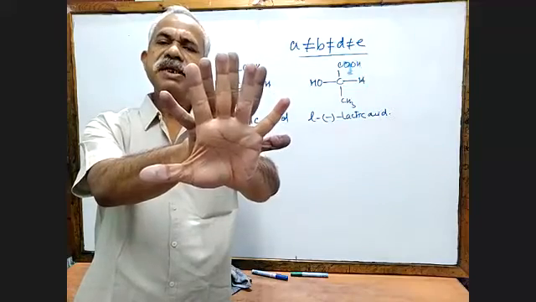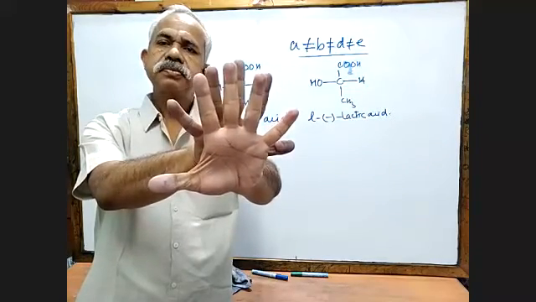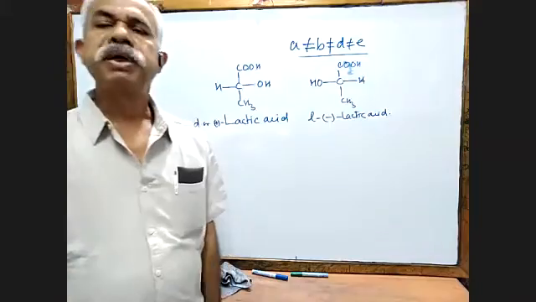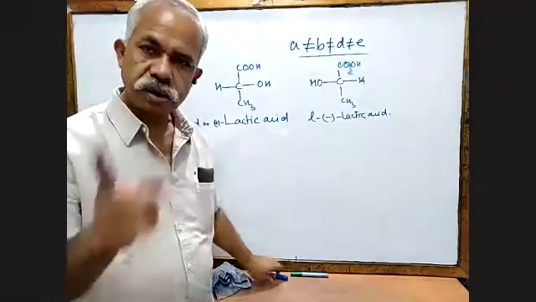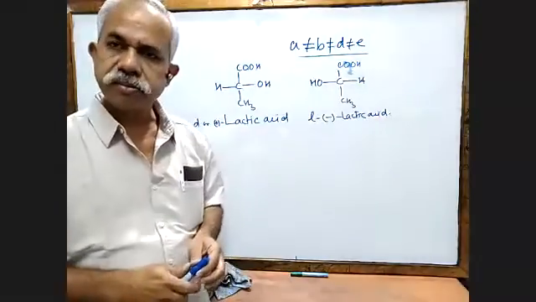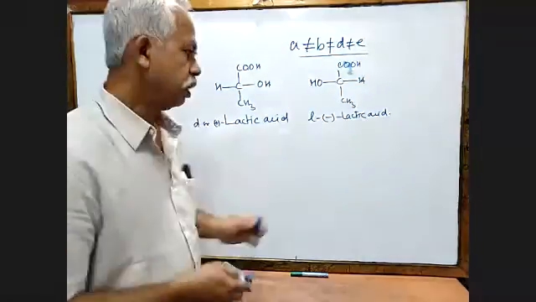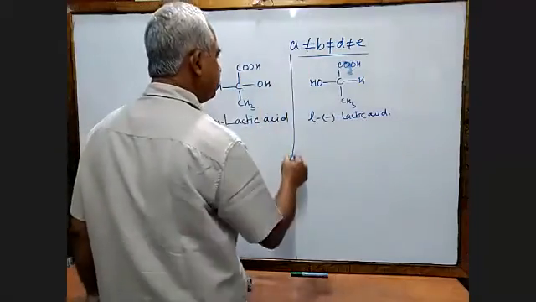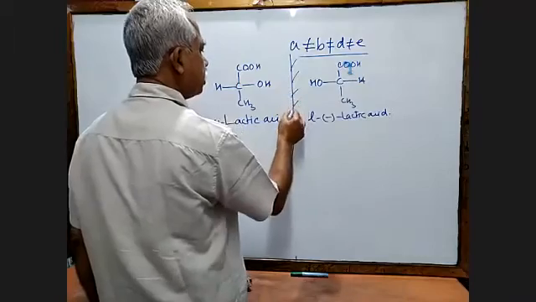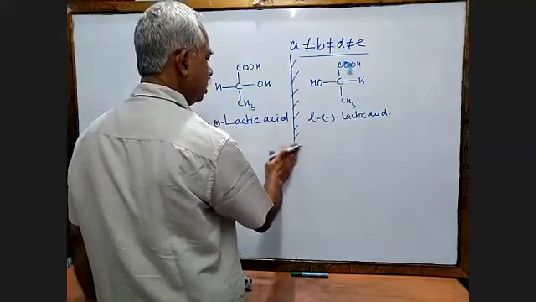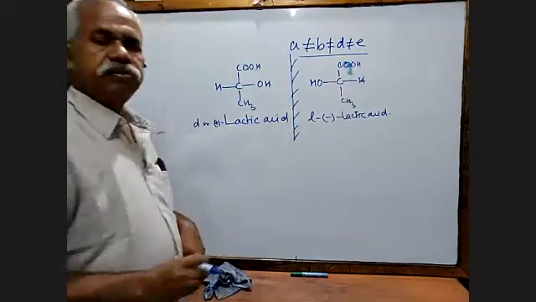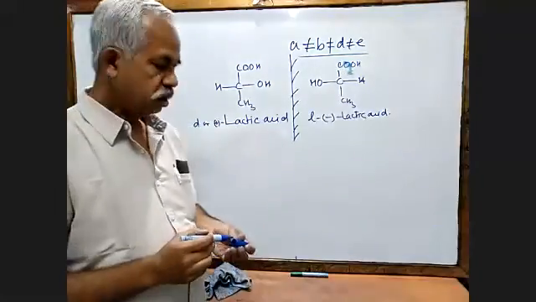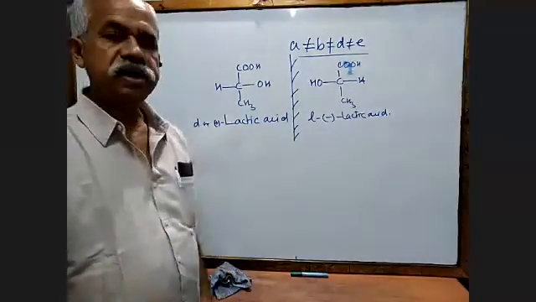Or you can see them distinctly. They are not superimposable. So these two structures are not superimposable. But if I put a mirror in between them, dear, what is your observation? Tell something, huh? If I put a mirror in between them, do you find any similarity?